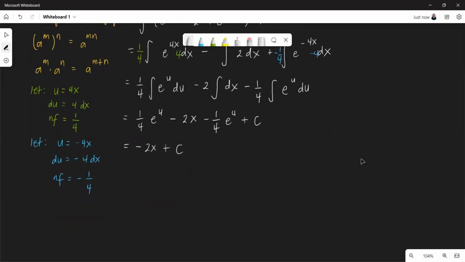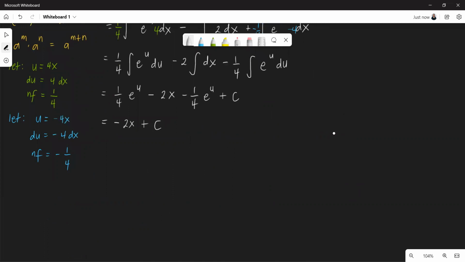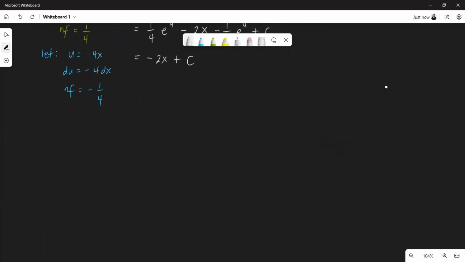All right. So let me write the final equation at the bottom. So we have the integral of e raised to the power of 2x minus e raised to negative 2x, we square it.